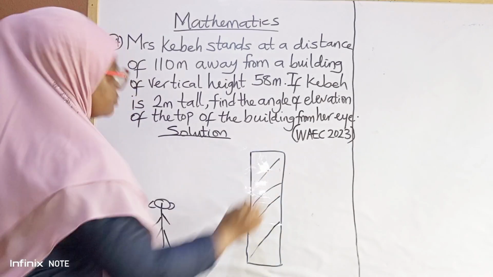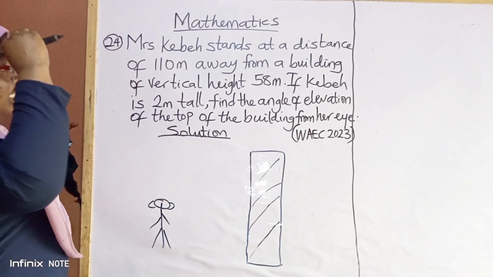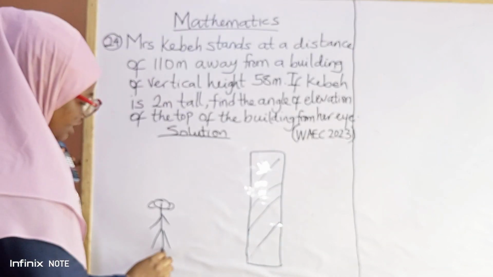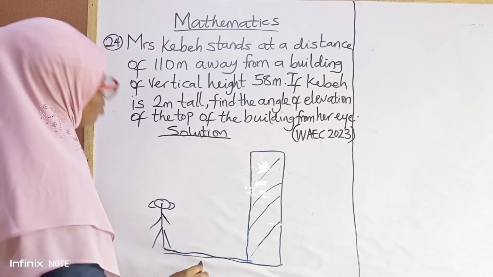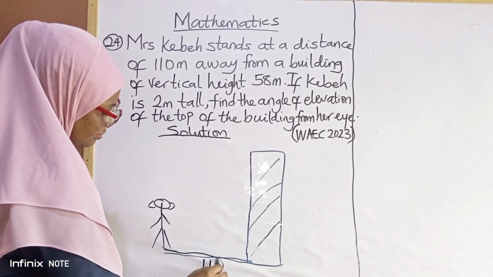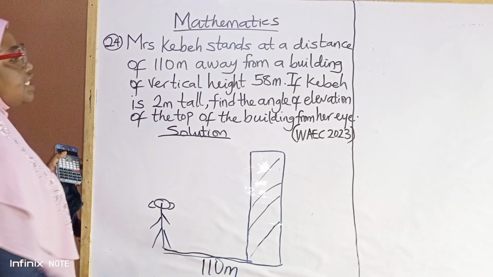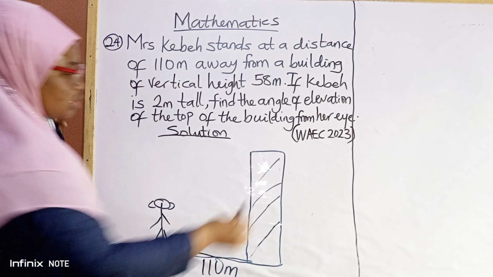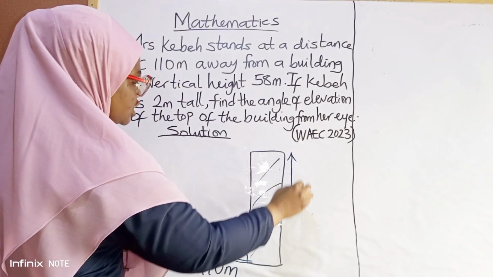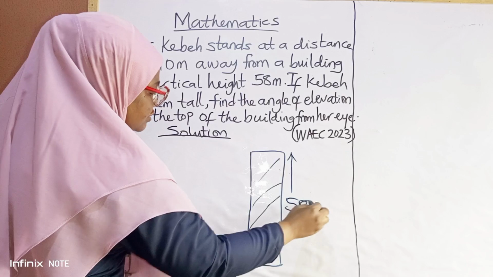So the distance from Mrs. Kebe to the building is 110 meters. That is 110 meters away from the building. Vertical height 58 meters. So the height of the building is what? 58 meters.